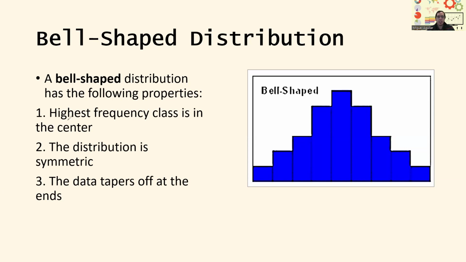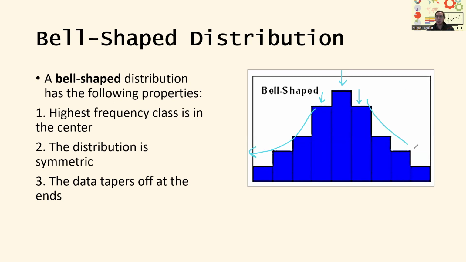Now, the first property is that the highest frequency class is in the center of your data distribution. So when we say highest frequency class, what we mean is that the class represented by the vertical bars that is the tallest and has the highest frequency is right here in the middle, and the rest of the classes sort of taper off at the ends, and you can see kind of like a pile of sand.